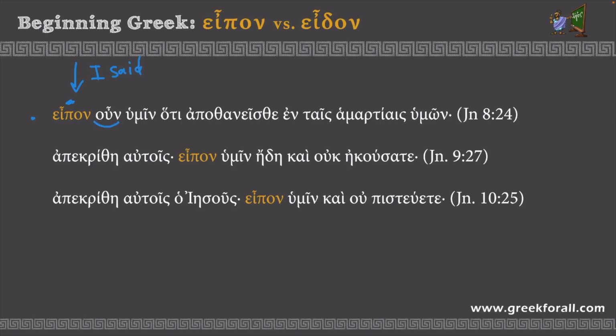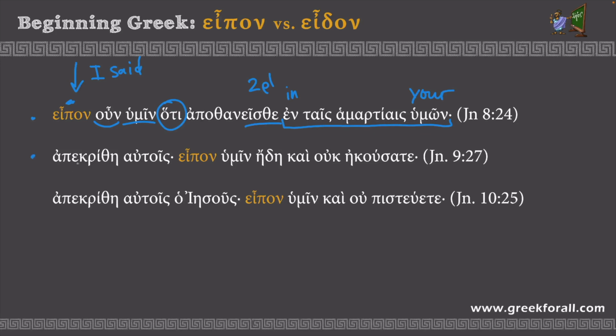Therefore, or then, I said therefore to you, hoti, that, apothaneisthe, that you will die. This is second person plural, you plural, future, you will die. And en tais hamartiais humon, a prepositional phrase, in your sins. All right, so Jesus gives them the warning.